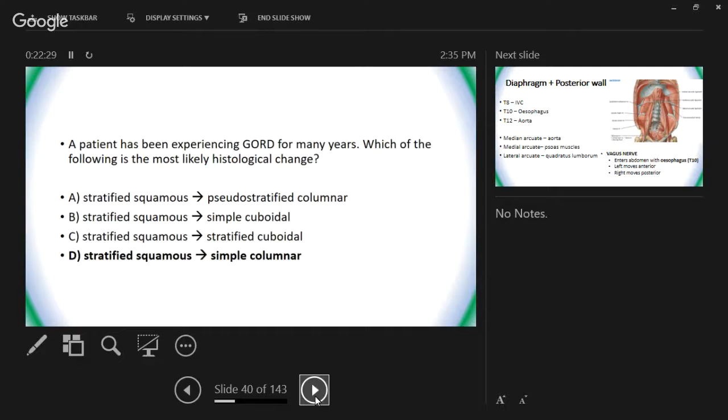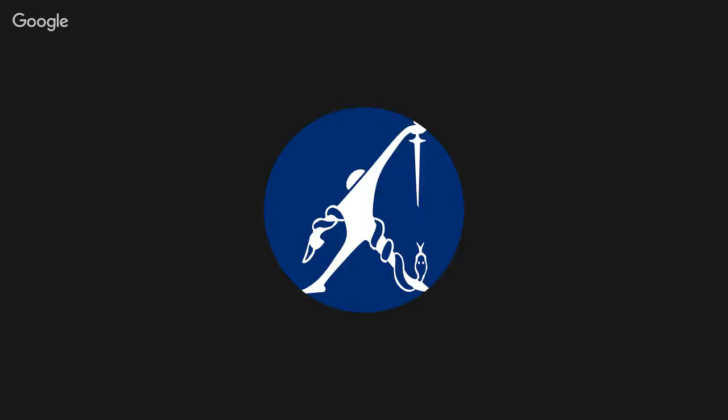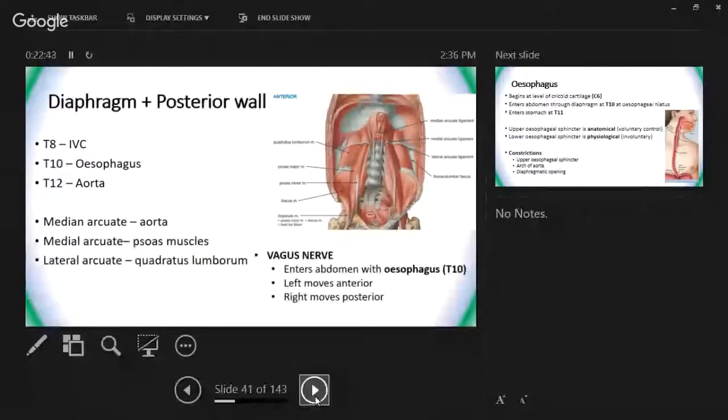So the posterior wall and the diaphragm. Those structures, IVC, esophagus, aorta, just know what vertebral levels they enter the abdomen. You have ligaments on the anterior abdominal wall, and you've sort of got ligaments on the posterior wall as well. The median one, the aorta, is where the aorta comes through.